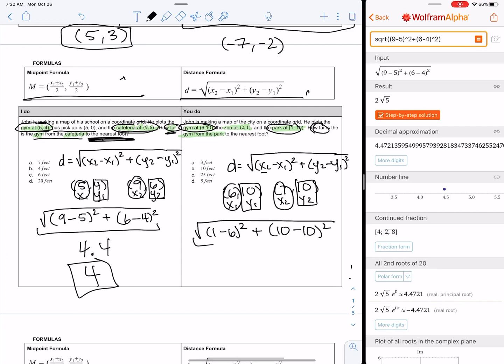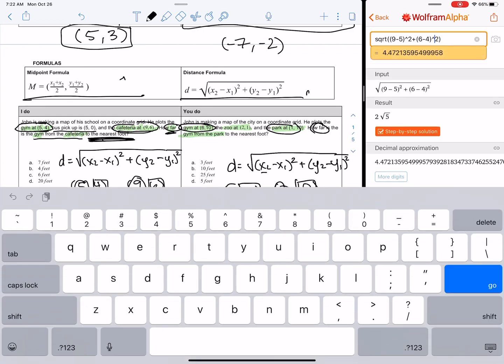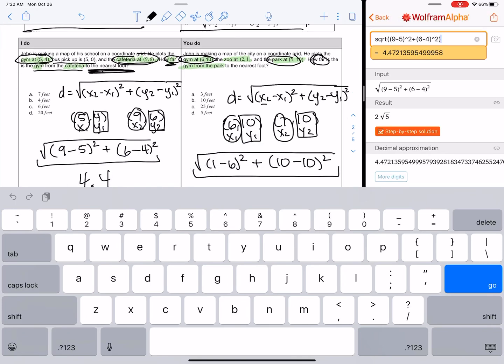So then I plug this all into Wolfram Alpha right here. If you plug in, what do you get? Oops.